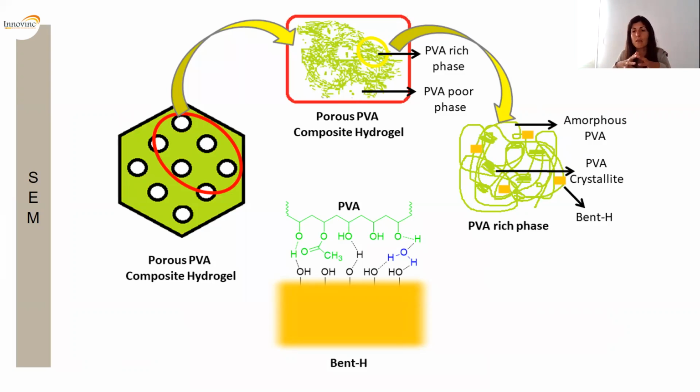The materials that we have employed in here that could most interact through hydrogen bonding with the PVA are the magnetic nanoparticles and the acid-treated bentonite. And in both cases, we saw that they offer well-defined pores and a more well-distributed pore morphology. So this is our hypothesis.